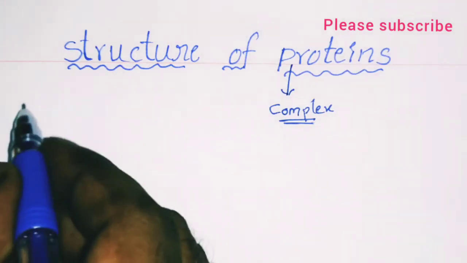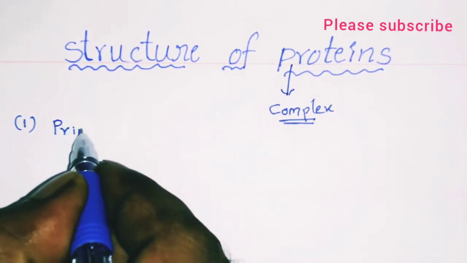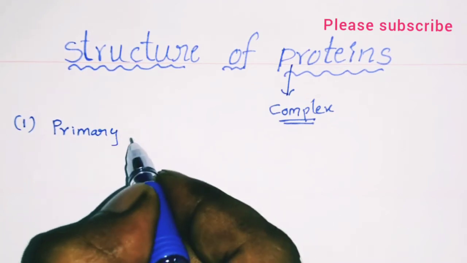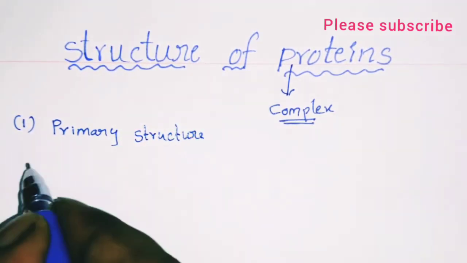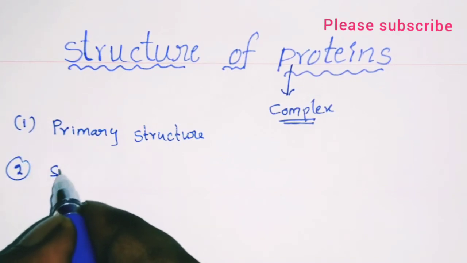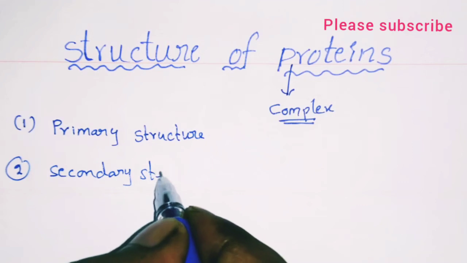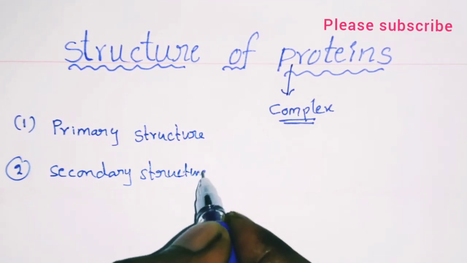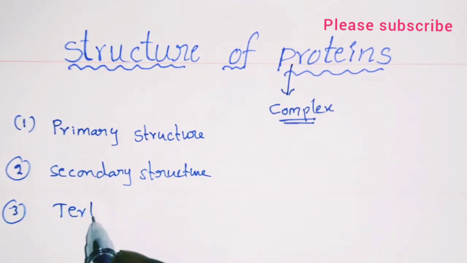What are the 4 different levels? One is the primary level, that is called a primary structure. Second one, secondary structure. Third one, tertiary structure.